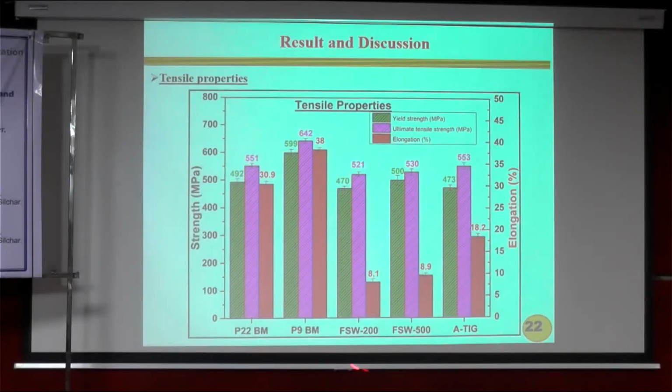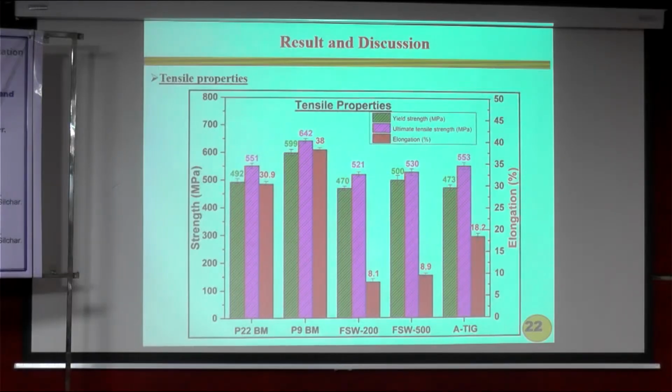It implies that even with friction stir welding, we can achieve 95% of the strength compared to ATIC welding. Another important piece of information is that in ATIC welding, the HAZ thickness was wider, roughly 2.8 mm. But in friction stir welding, since it is a solid state welding process, the HAZ thickness was very small, only 1.35 mm.